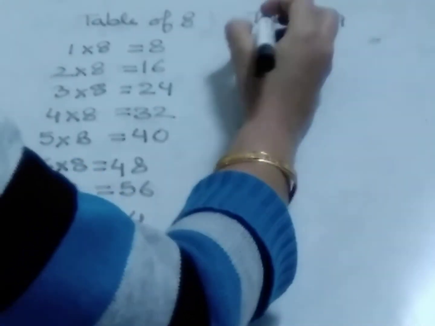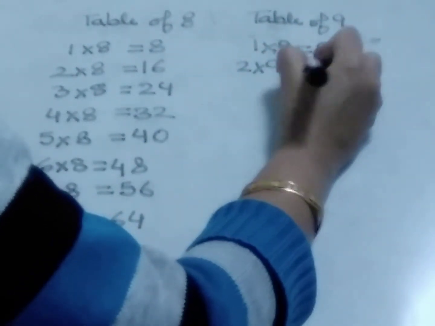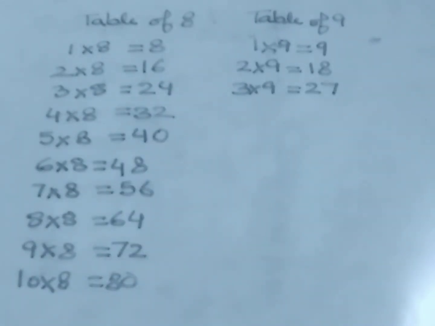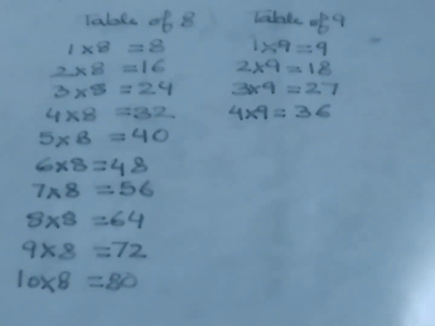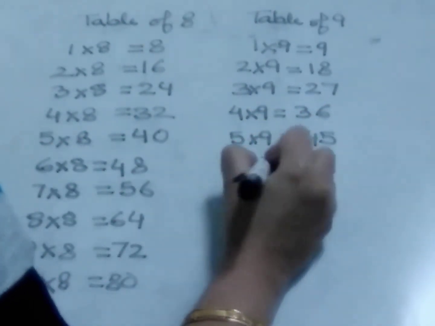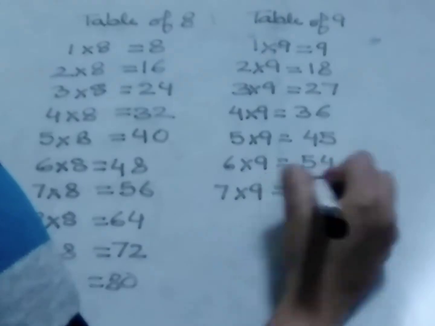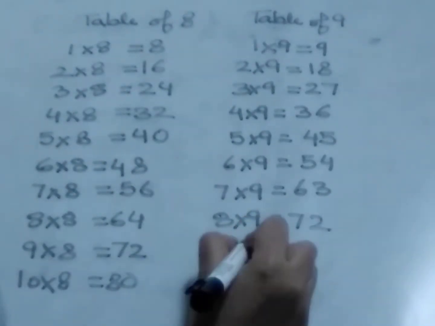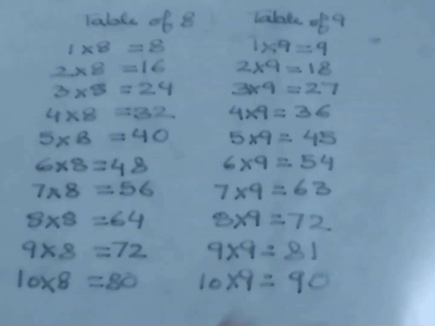So one group of 9 is equal to 9. 2 groups of 9, 9 plus 9, and do the addition, that is 18. 3 groups of 9 gives you 27. 4 groups of 9 gives you 36. 5 groups of 9 is equal to 45. 6 groups of 9 is equal to 54. 7 groups of 9 is equal to 63. 8 groups of 9 is equal to 72. 9 groups of 9 is equal to 81. And 10 groups of 9 is equal to 90.